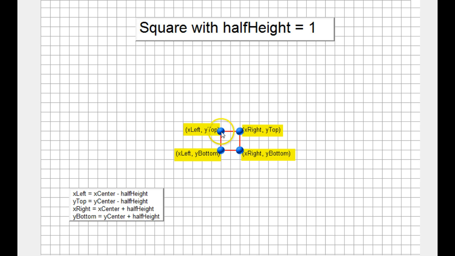This is the left hand top corner of the square. This is the right hand top corner, the right hand bottom corner, and the left bottom.